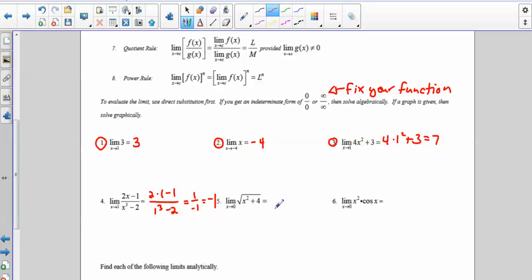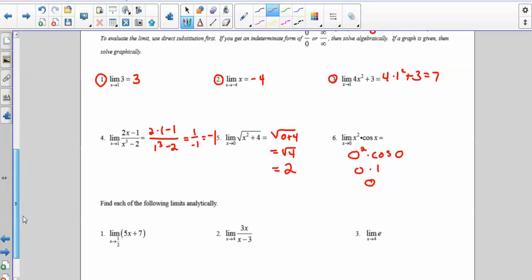And in 5, I'm going to substitute 0 in, so I have square root of 0 plus 4, which is square root of 4, which is 2. And this one, I have 0 squared times the cosine of 0. Remember, cosine of 0 is 1, so I have 0 times 1, which is still 0.